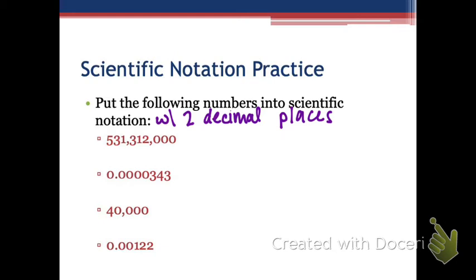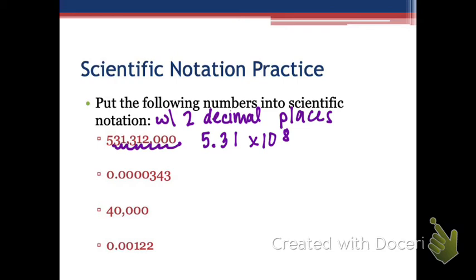Here's my original decimal place, and then here's where it needs to be. So I counted 8 spots that it has to move. Is that right? Okay. So if I'm going to put it with 2 decimal places, is it going to be 5.3 times 10 to the 8th? It needs to be 5.31 times 10 to the 8th.